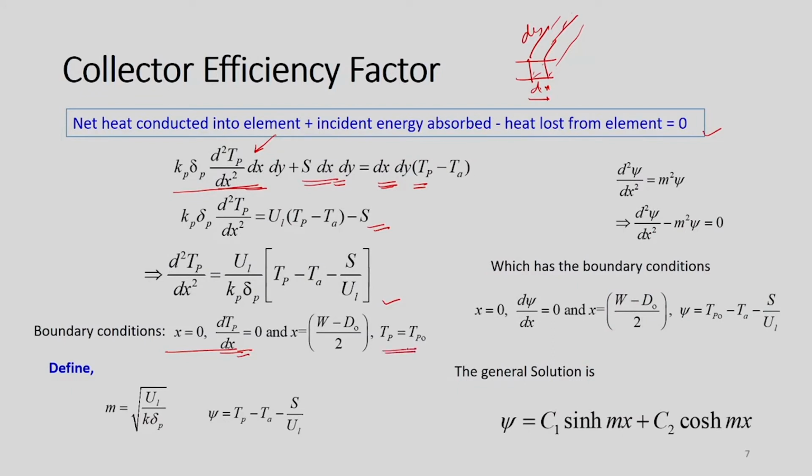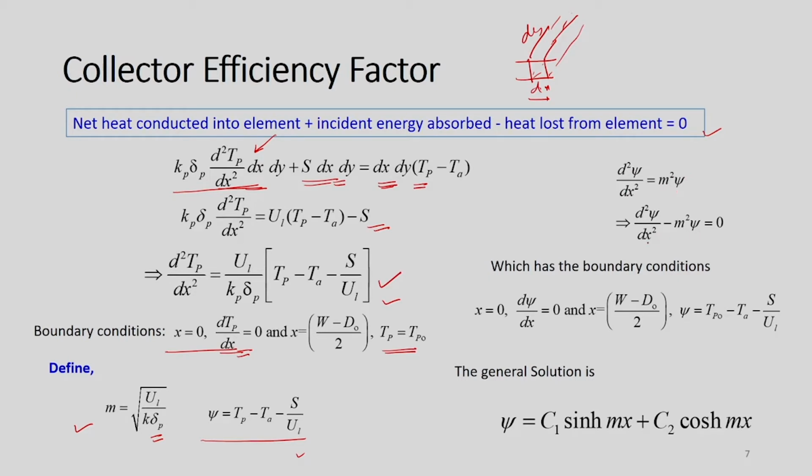So, now we will define a term called m, which is nothing but the square root of UL by K delta p, and one more term xi, which is Tp minus Ta minus S by UL. Okay. So, if we use this terminology in this expression, then it will be something like d square xi by dx square is equal to m square xi.